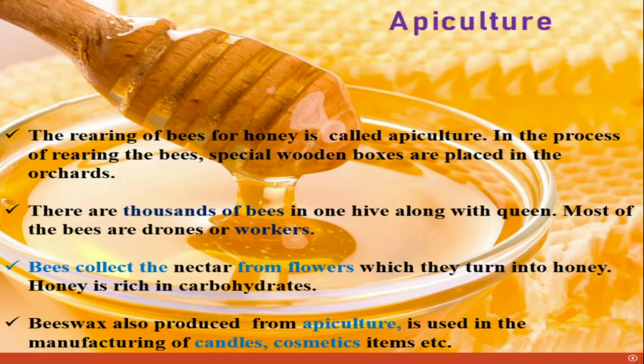Each beehive or honeycomb contains thousands of bees. These thousands of bees are making honey. Each honeybee helps in collecting nectar, particularly the female, the worker bee.